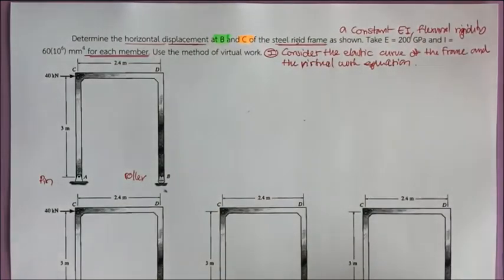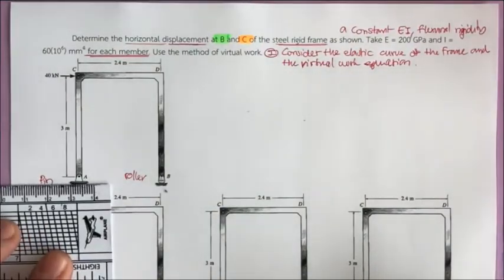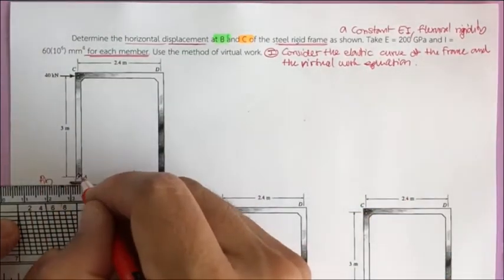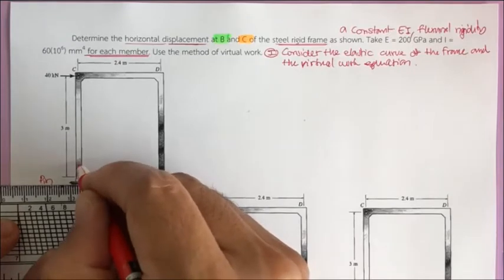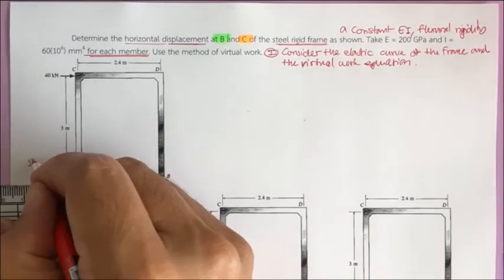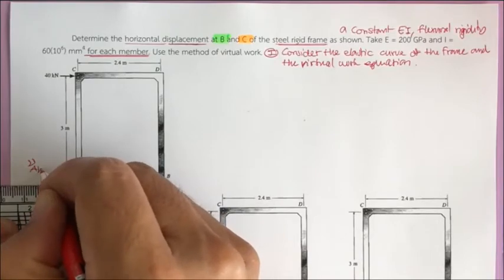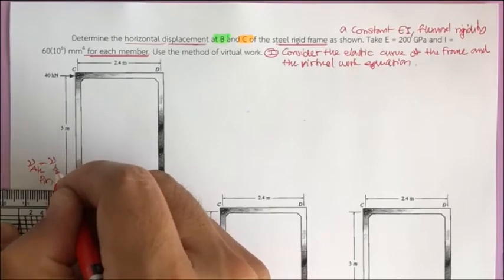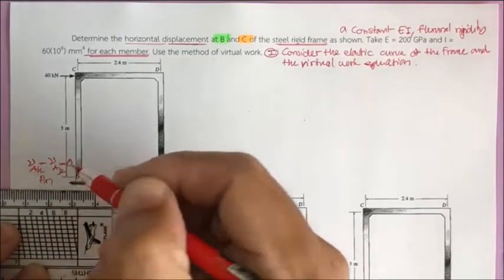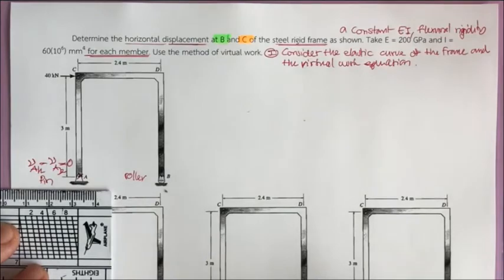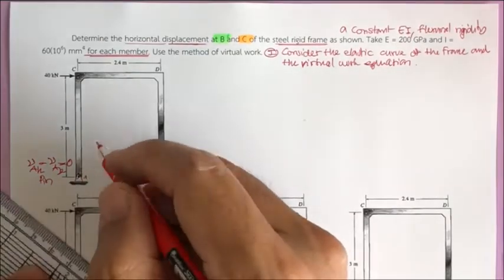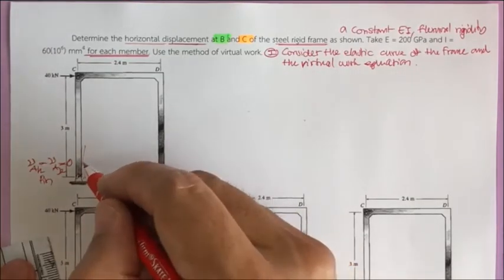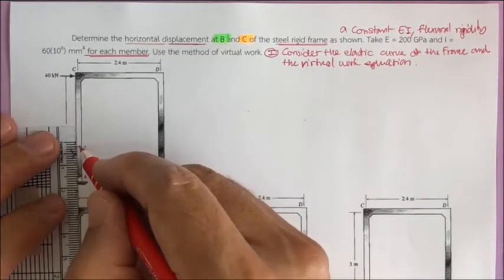Under the application of the 40 kilonewton force, the frame would move. Since the pin prevents movement in the horizontal and vertical directions, the displacement at A in the horizontal direction and the displacement at A in the vertical direction are both 0. However, rotation can occur here, since the pin allows rotation.